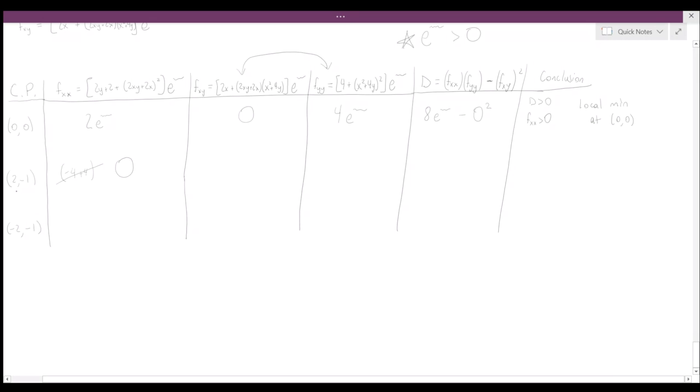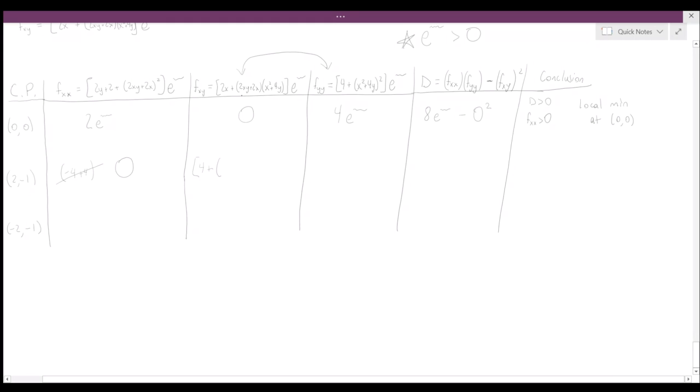All right, so now I'm going to plug in again 2 and negative 1 for x and y over here. So plug in 2 for x, I'm going to get 4 at the beginning. Let's see here. So plug in 2 for x and negative 1 for y.